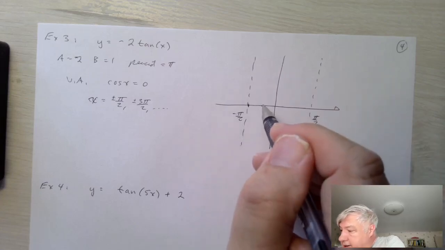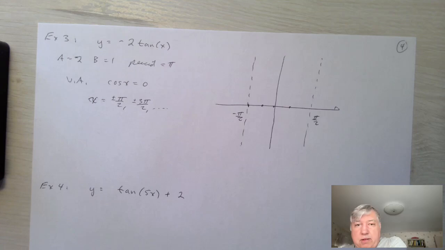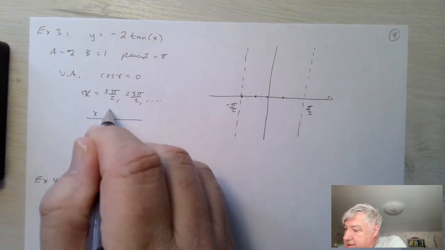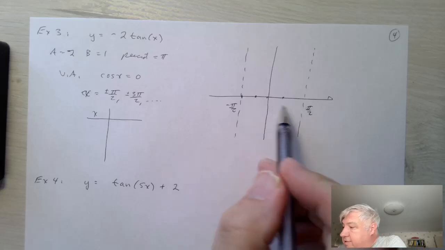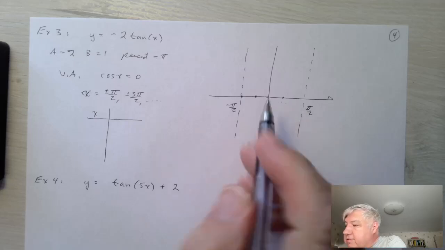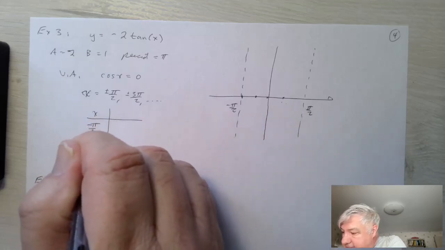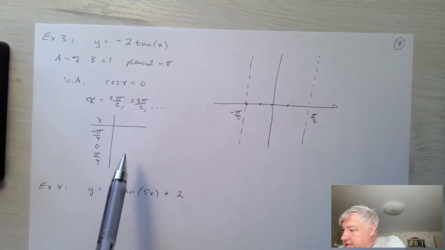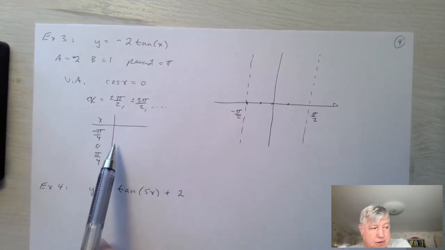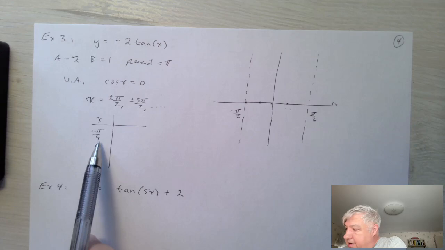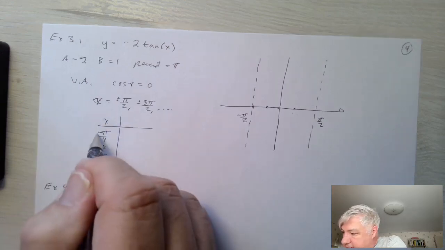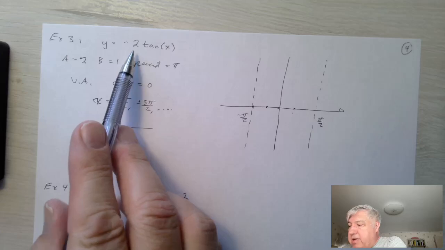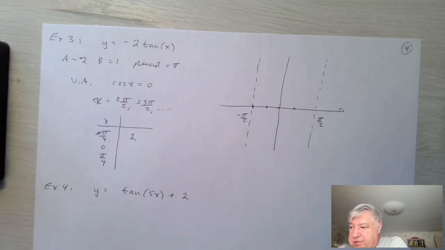Okay, and then here's our 3 intermediate points. We'll have one halfway between, this is pi over 4, so this is negative pi over 4, 0 and pi over 4. And so the tangent of negative pi over 4 is negative 1, but you multiply it by negative 2, so that'll be positive 2.